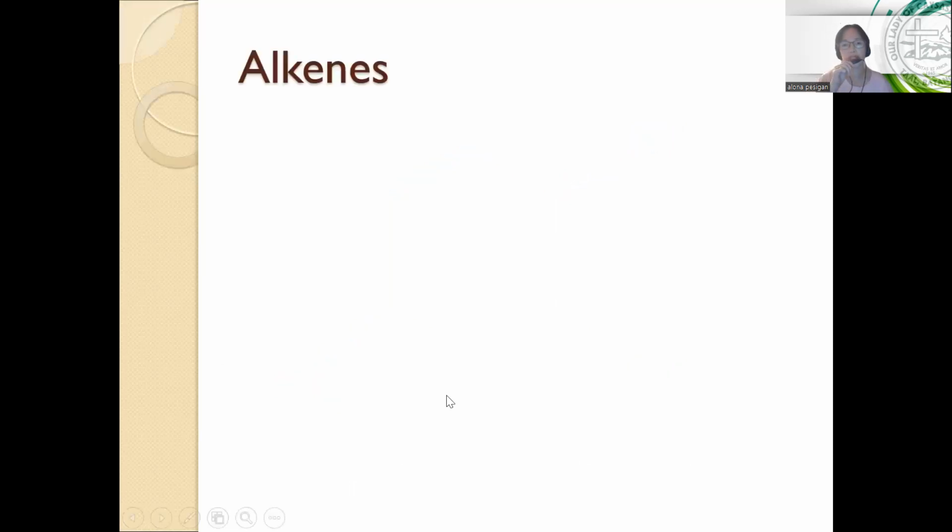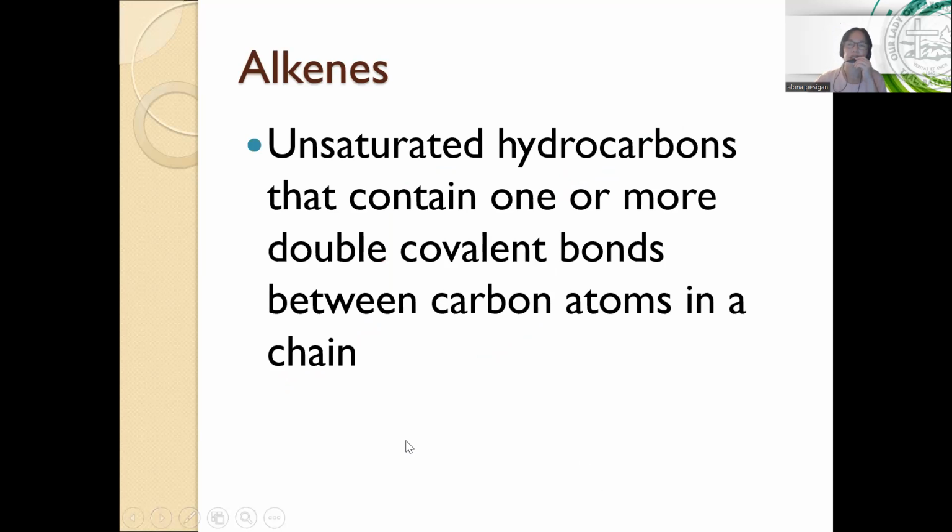Okay, moving on, we'll now have alkenes. What about alkenes? These are unsaturated hydrocarbons that contain one or more double covalent bonds between carbon atoms in a chain. So take note of the presence of the double covalent bond. Its formula is CnH2n.